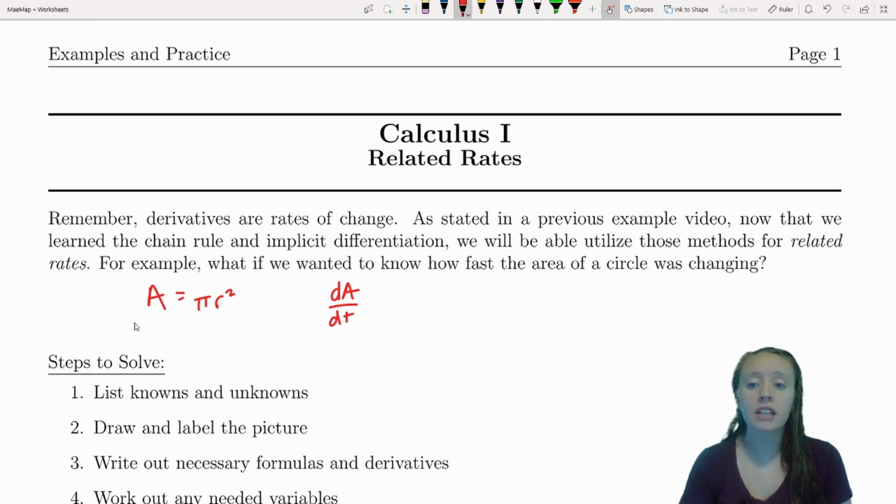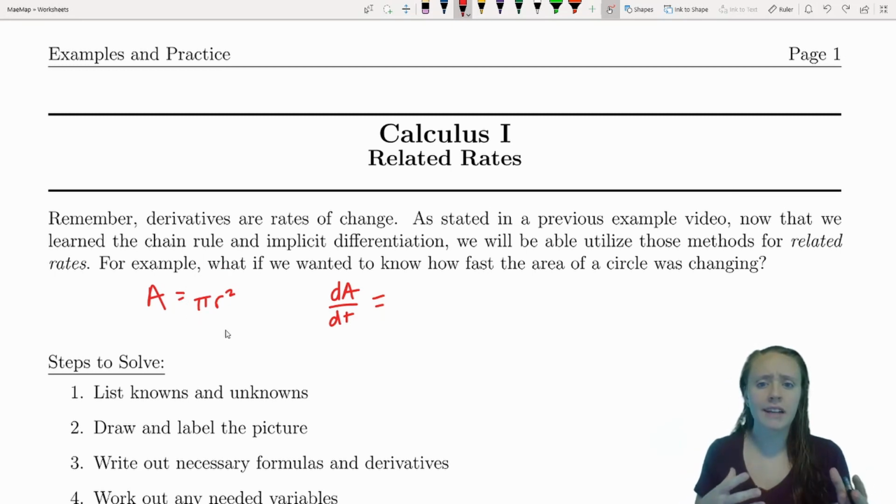And think about it, if we take the derivative of the left-hand side of our equation, that's how we get this dA dt, we also have to take the derivative of our right-hand side of the equation. But nowhere on the right-hand side do we have that variable t, which means that not only is area some function of time, but so is our radius. That's also some function of time. We just don't know what that is.